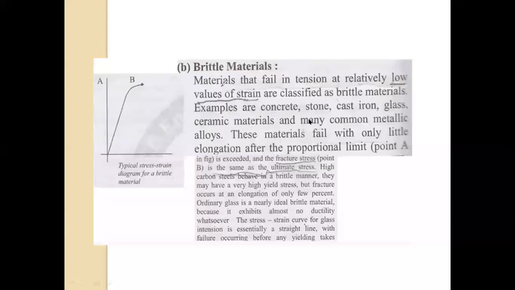Now you tell me, steel or concrete, which material is brittle? Concrete. Concrete is brittle because it fails suddenly without giving any indication or warning. Such a material is called brittle material.